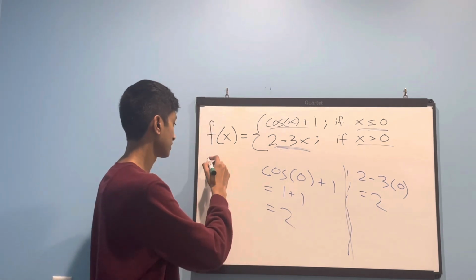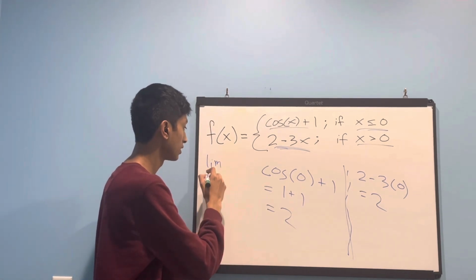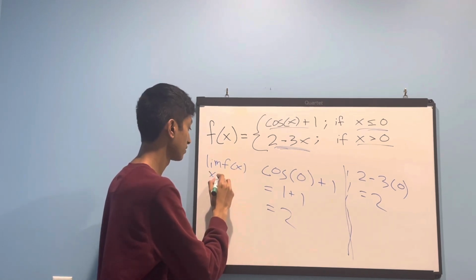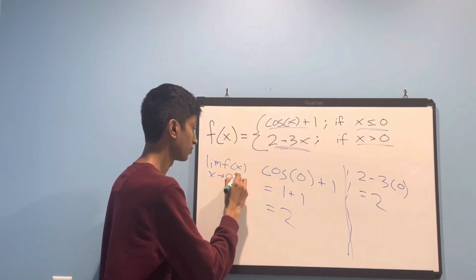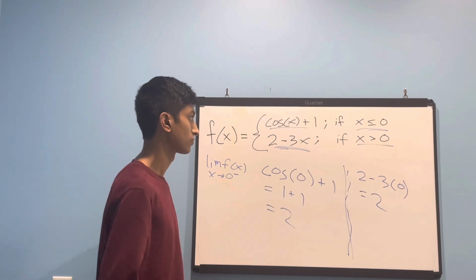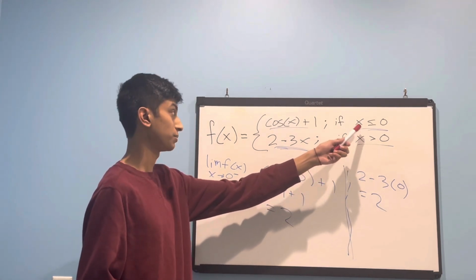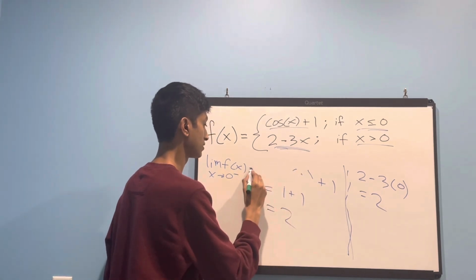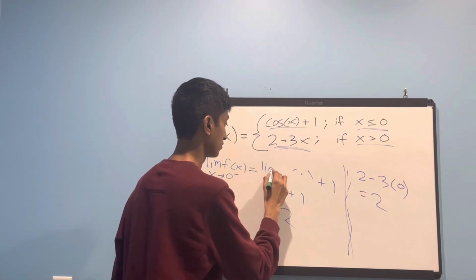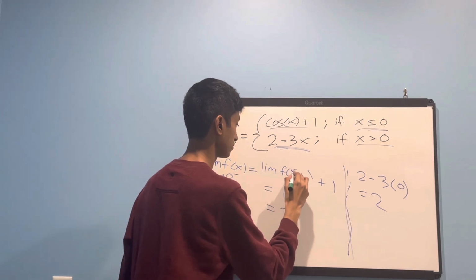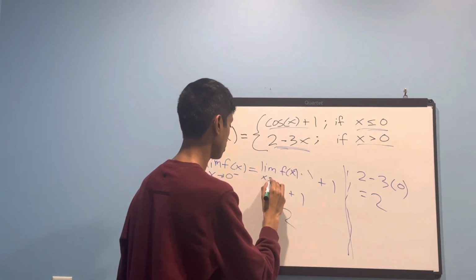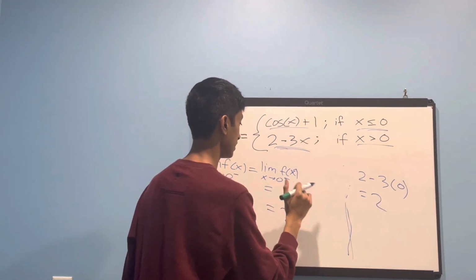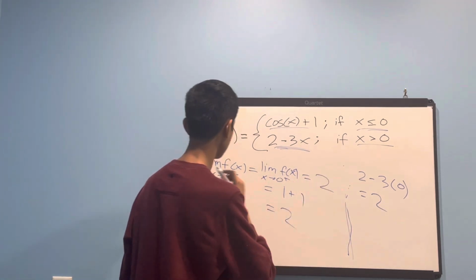So we can write this as the limit of f of x as x approaches 0 from the negative side, and this equation is the same as the limit of f of x as x approaches 0 from the positive side, and that's equal to 2.